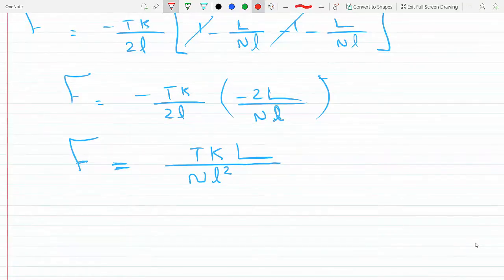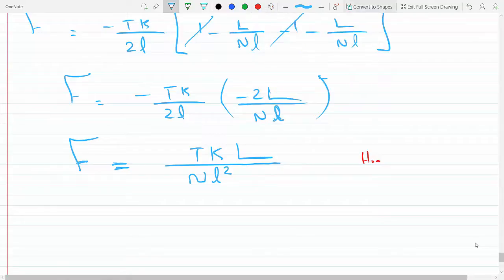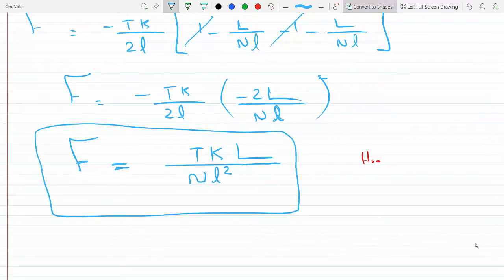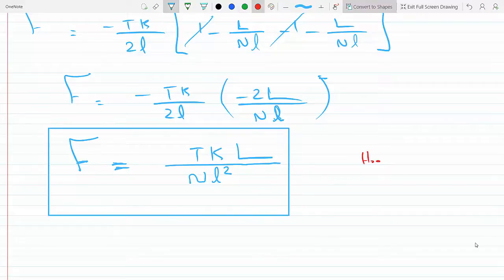So Hooke's law, first let me circle this. Hooke's law is satisfied. That says F equals kx or minus kx, depending whether we're talking about the force on the spring or by the spring.